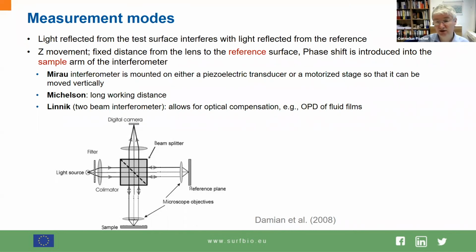If you modify the concentration in a fluid, you're going to modify the optical properties. If you modify the optical properties, you modify the optical path lengths, with serious consequences for your interference patterns. The linear two-beam interferometer is a way to do a hardware compensation, optical compensation directly.